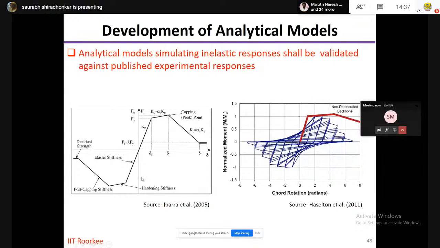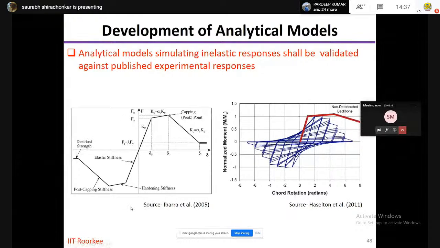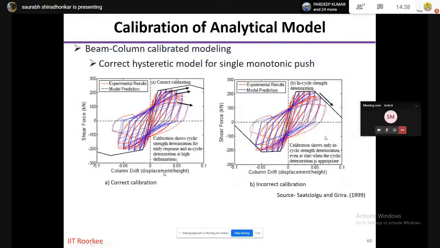This is the typical curve, where you have the yield point, the capping point, and the ultimate point. The capping is an additional point defined to describe the geometry of this curve. That is how you define the inelastic behavior of the member.